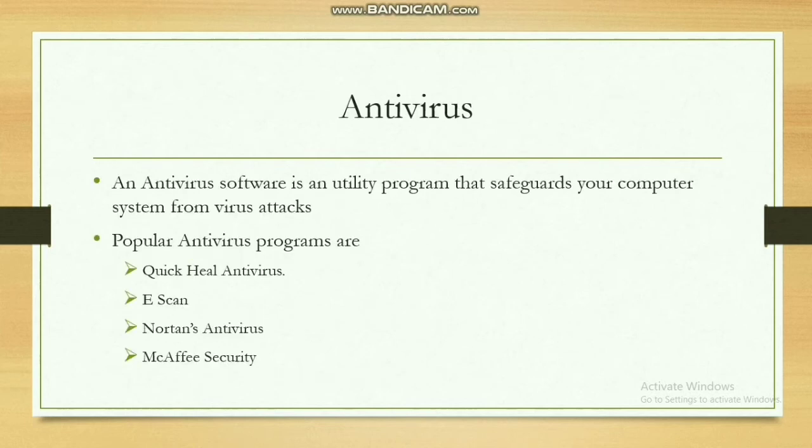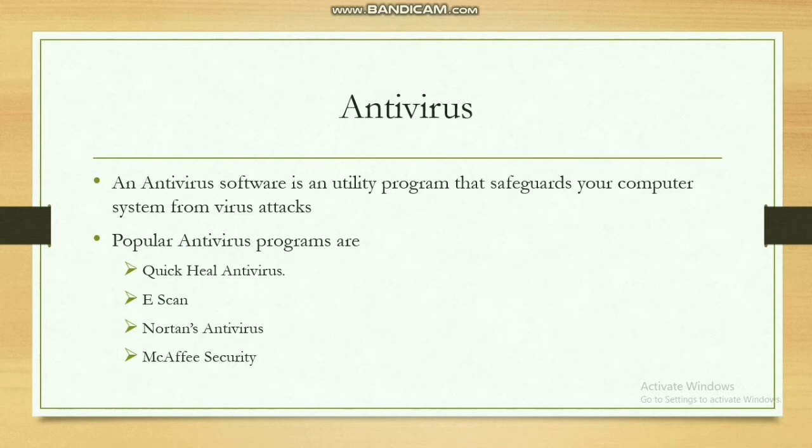What are antiviruses? An antivirus software is a utility program that safeguards your computer system from virus attacks. That means the antivirus software is able to identify whether any of the software is infected with any type of virus. This is what the antivirus is supposed to do.